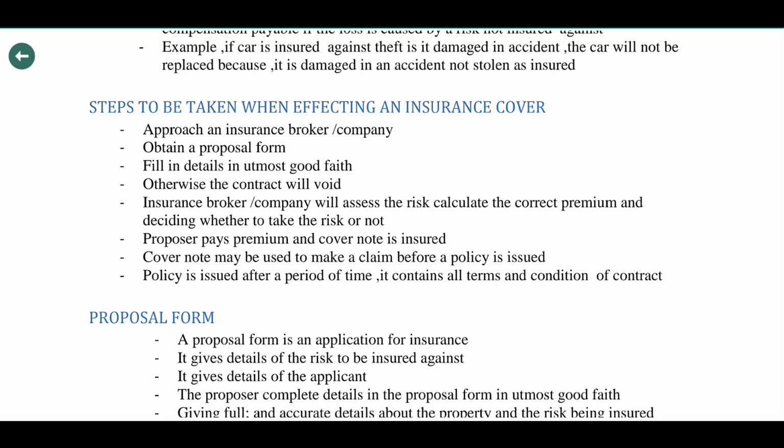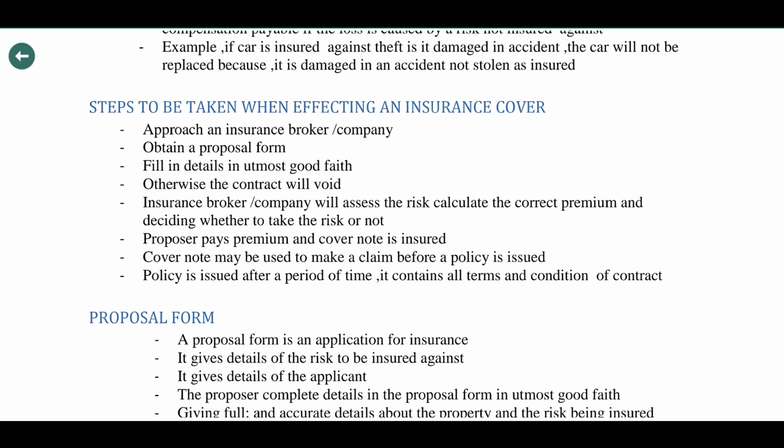The first one is that you need to approach an insurance broker or company, okay? You can involve a middleman or you can just go direct to the insurance company.